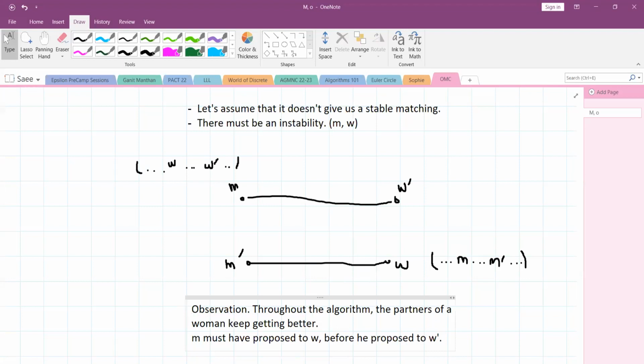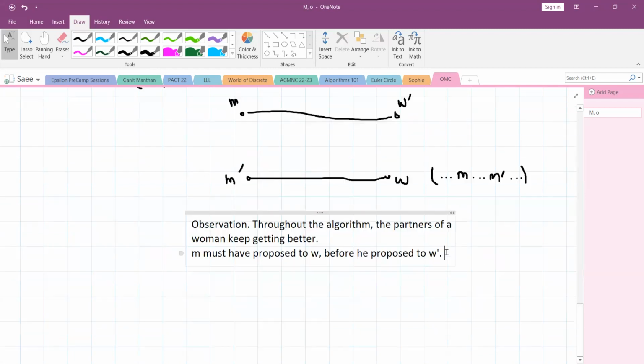Why is that? I'll just give a quick explanation again. Because M prefers W more than W prime. Why is that? Because we're assuming, for the sake of argument, that M and W is an instability. That means M likes W more than his current partner and W likes M more than her current partner. So we have this.